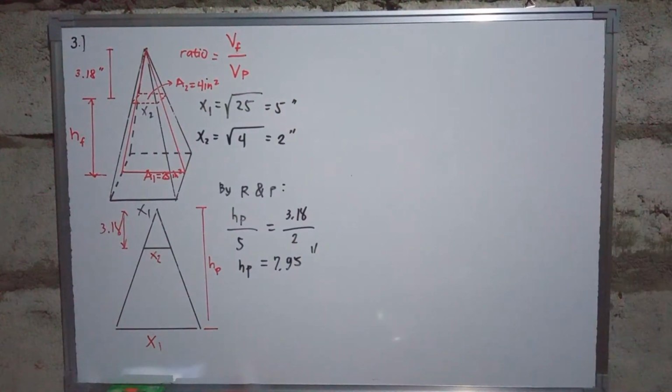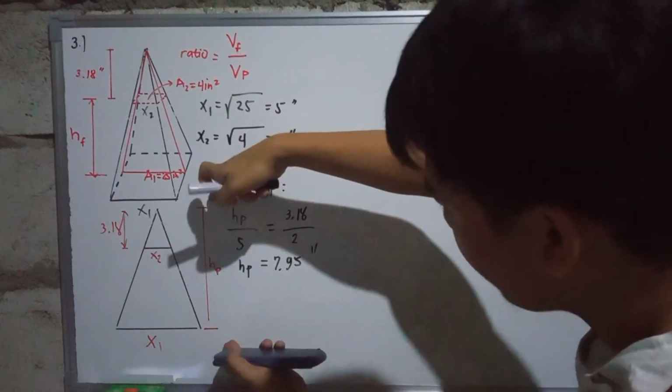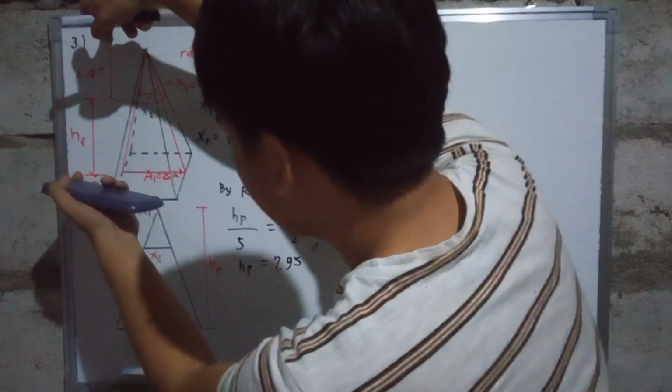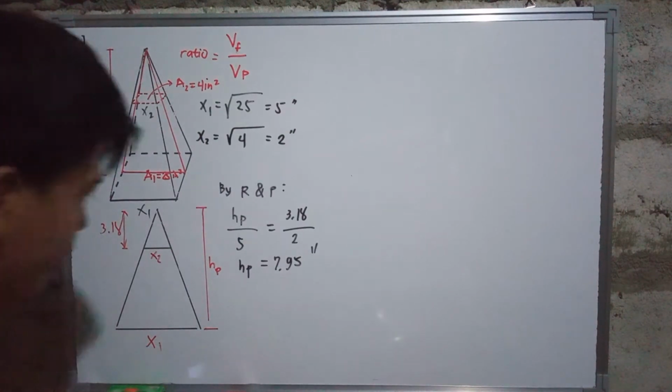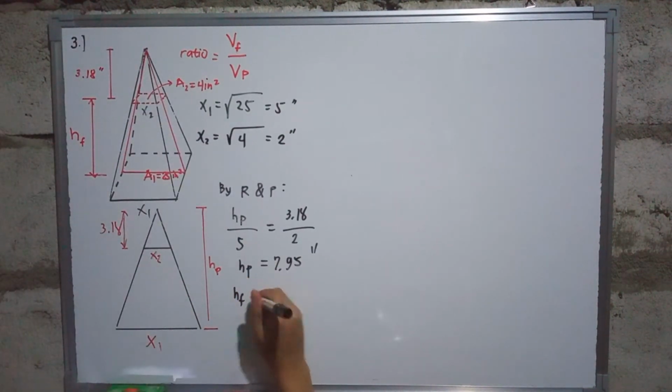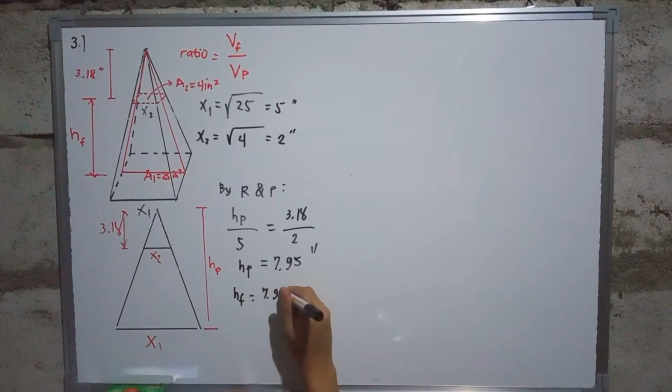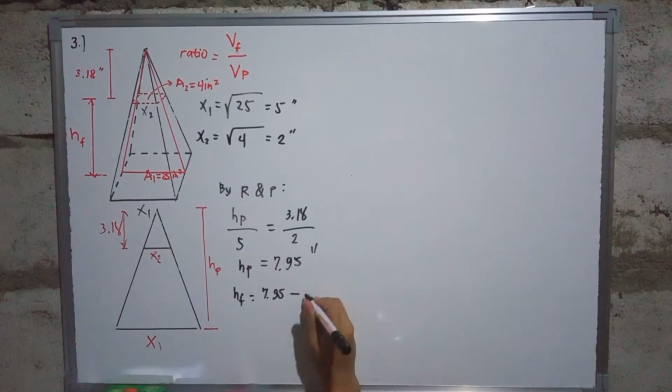So, kapag nakuha natin si h sub p, makukuha na natin yung height ng ating frustum. Para ma-solve natin yung height ng ating frustum, yung h sub p natin, or yung total height, i-minus natin yung 3.18. So, h sub f is now equal to 7.95 minus 3.18.